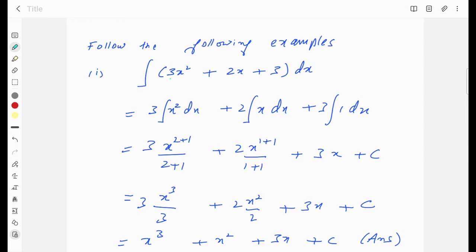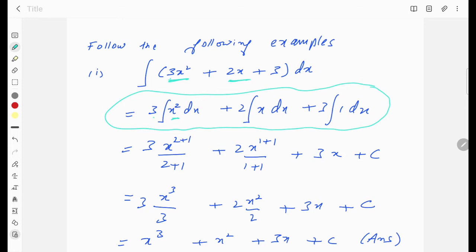This step, let me point out first, is not necessary, but since I want to illustrate my example clearly, I'm showing it. When you come to the first term, the 3 will come out since it's a constant number, and you will take the integral of x squared.